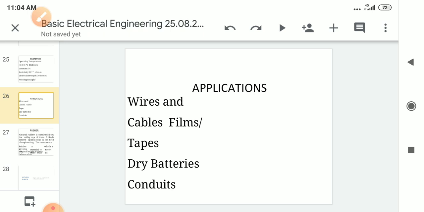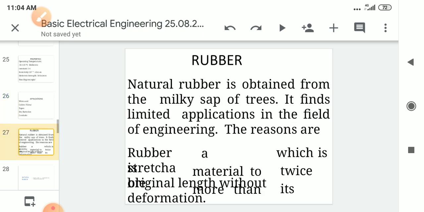After that, one more type of solid insulating material is there, that is rubber. So natural rubber is obtained from the milky sap of trees, but it finds very little application in the field of engineering.